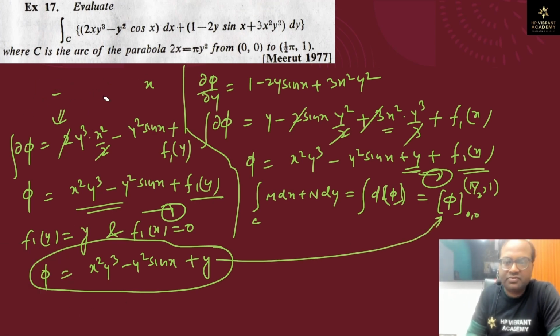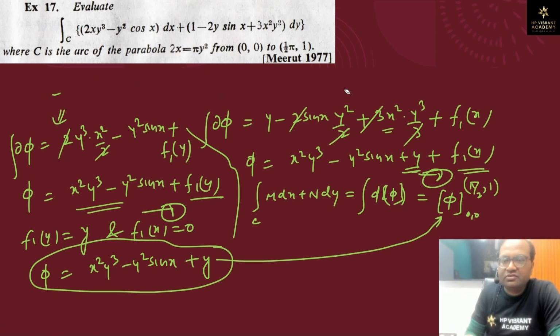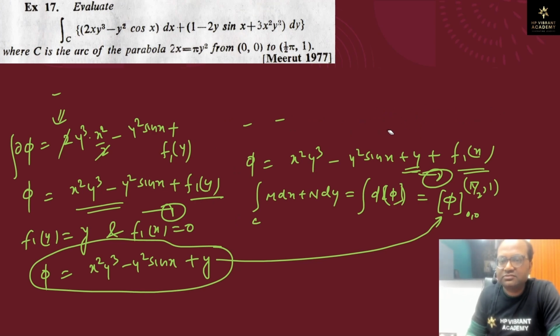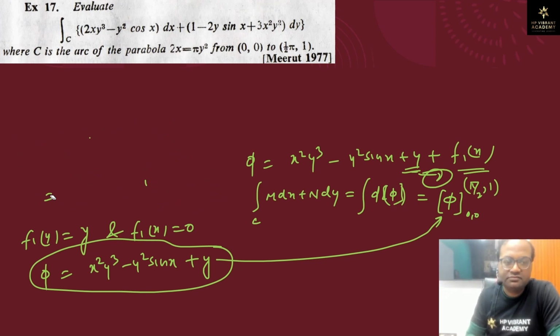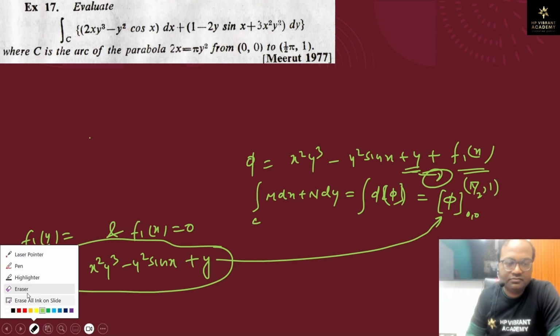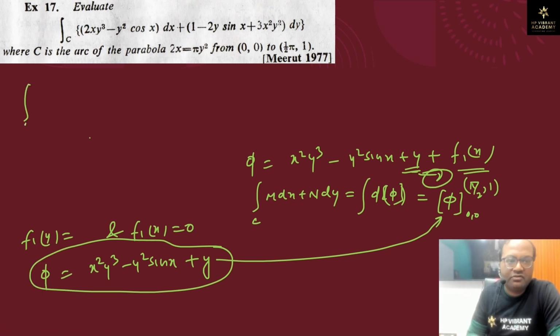So let us further simplify this. We have the value of m dx plus n dy as d phi, and integration of d phi is phi. So m dx plus n dy is equal to integration of d phi, and this is equal to phi.